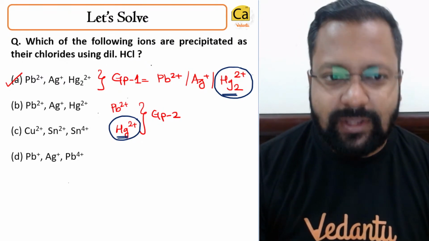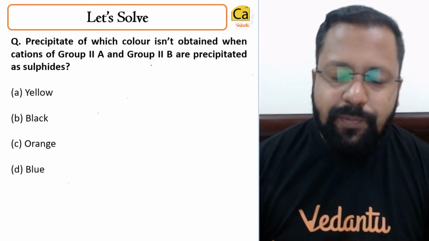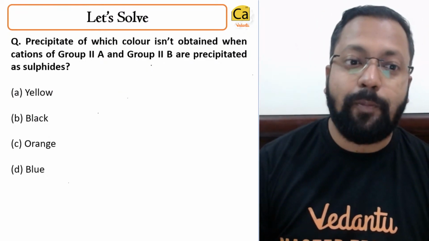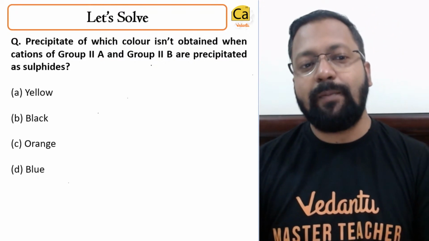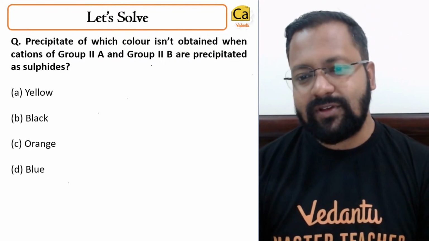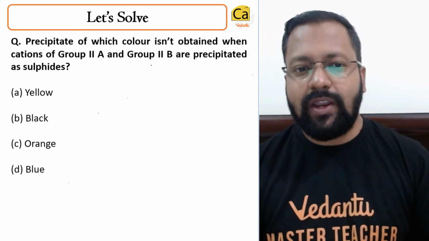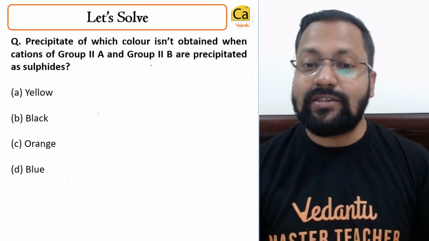Let's go on to the next question. Precipitate of which color isn't obtained when cations of group 2A and group 2B are precipitated as sulfides? We have to tell which color isn't obtained.